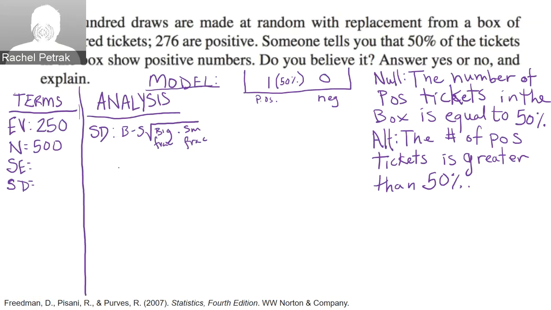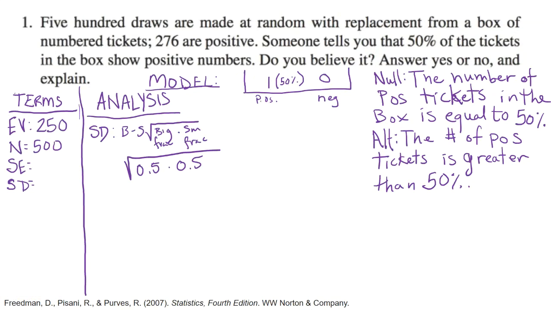When we do that, the ones and zeros will fall out, so we just get the big fraction expected value would be 0.5 times our smaller fraction expected value, which is also 0.5. And we end up with 0.5 as our standard deviation.